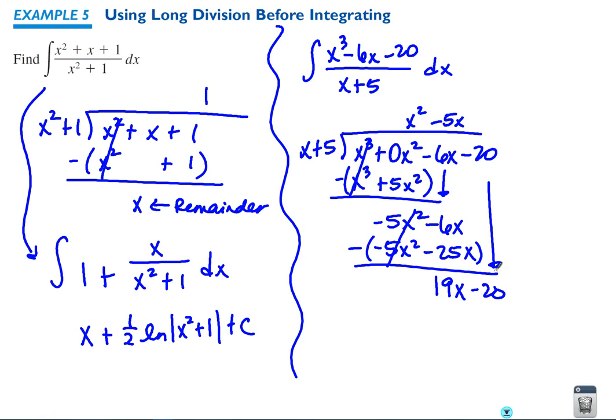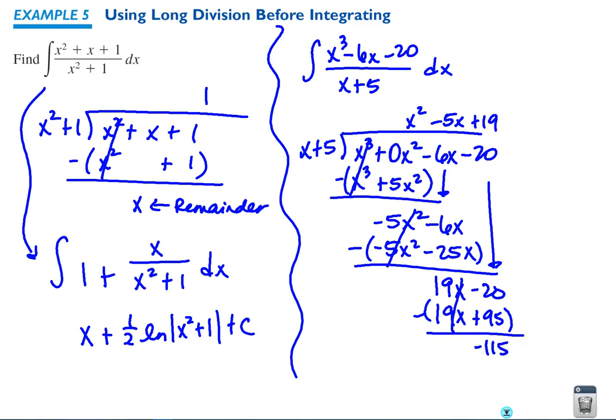Then x into 19x goes in 19 times. So 19 times x is 19x. 19 times 5 is positive 95. I'm going to subtract those again, then this cancels out. Negative 20 minus 95 is going to give me negative 115.